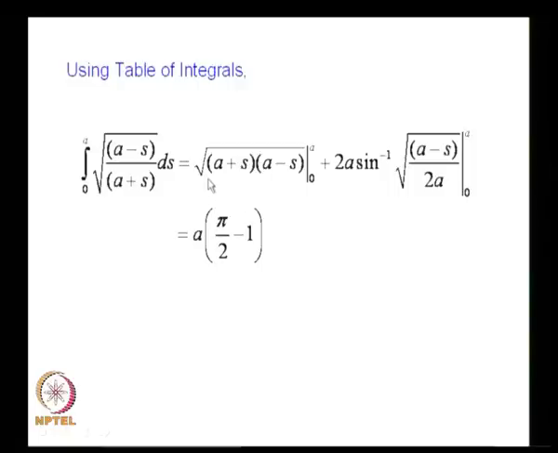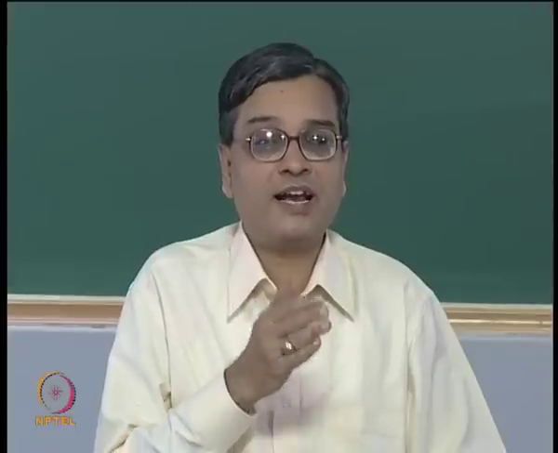The first term is square root of a plus s into a minus s within the limit 0 to a, and the second term is plus 2a sin inverse root of a minus s divided by 2a from 0 to a, and when you substitute the limits and simplify, you get an expression that this is equal to a into pi by 2 minus 1. This you will have to substitute back and get the expression for k.